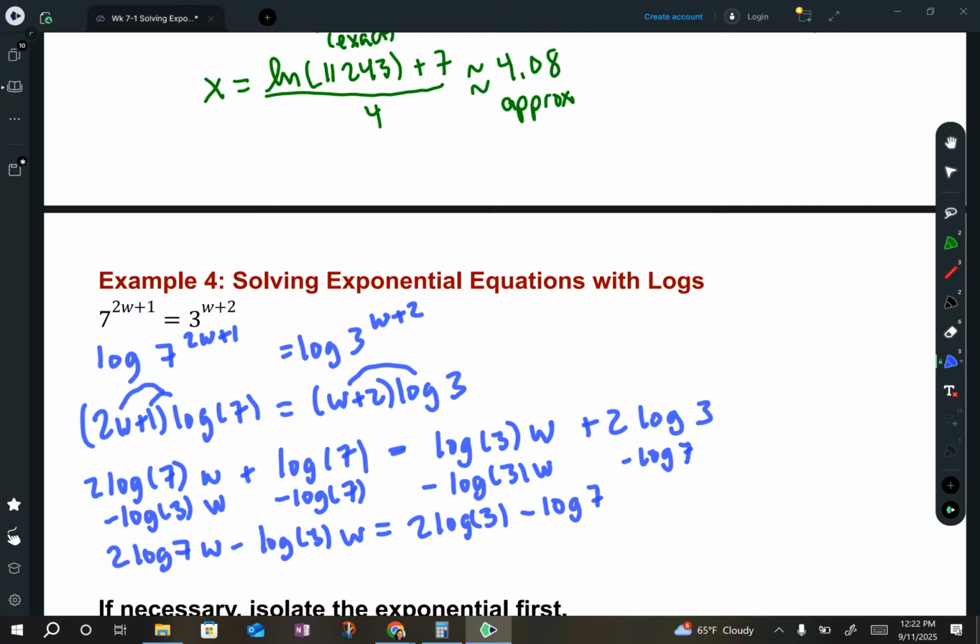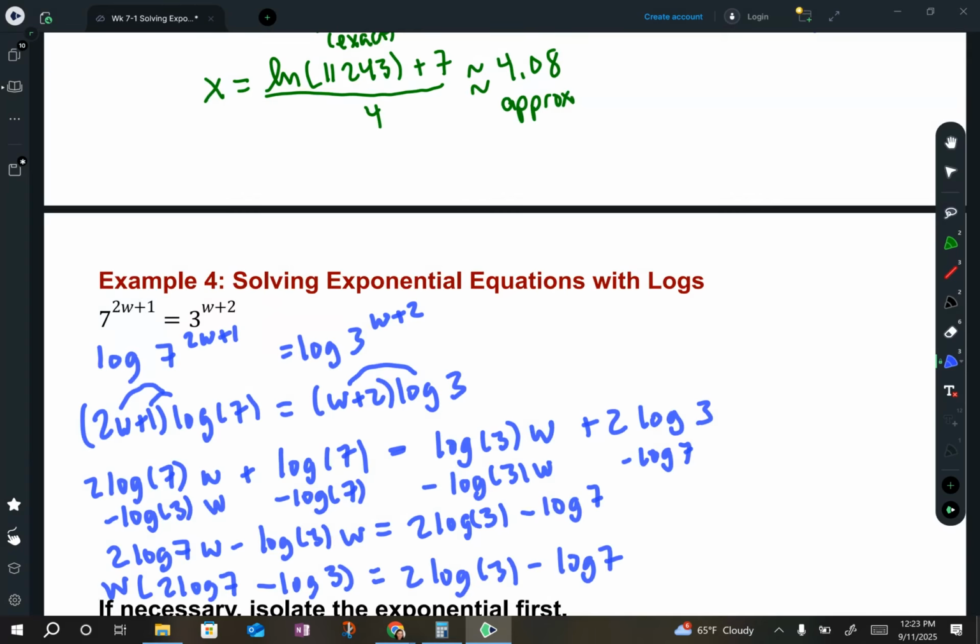Now on the left-hand side, I'm just going to factor out the w to get w times 2 log 7 minus log 3 equals 2 log 3 minus log 7.